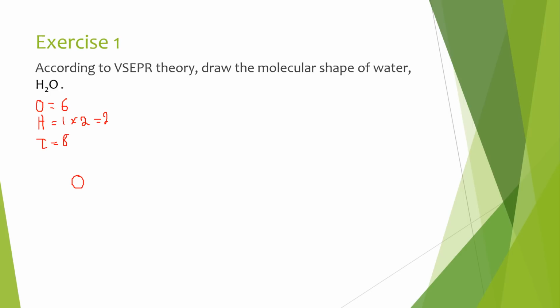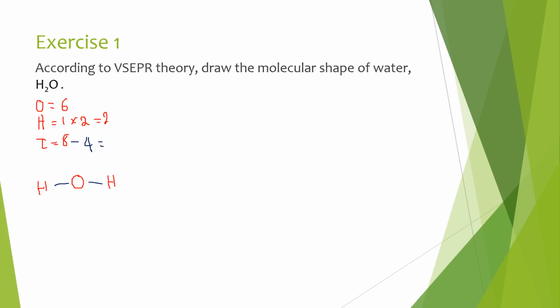After you have determined the central atom, you need to draw the side atoms, and you need to spend all of the total electrons. So the oxygen will form a bond with hydrogen. So one bond is equal to 2 electrons. So that means we have spent a total of 4 electrons already.